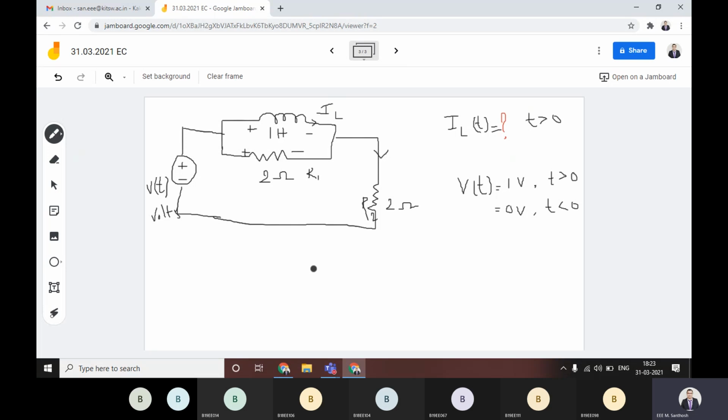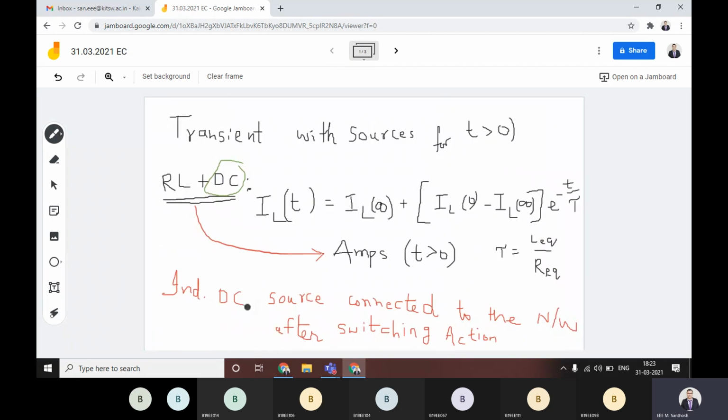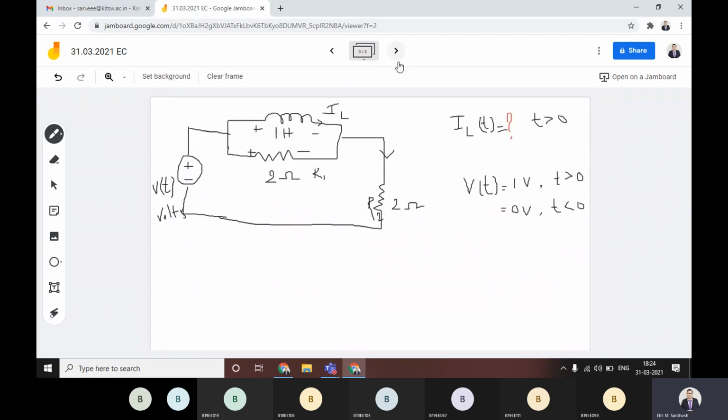For solving these problems we assume no independent source is connected to the network before switching action; only after switching action is it connected.